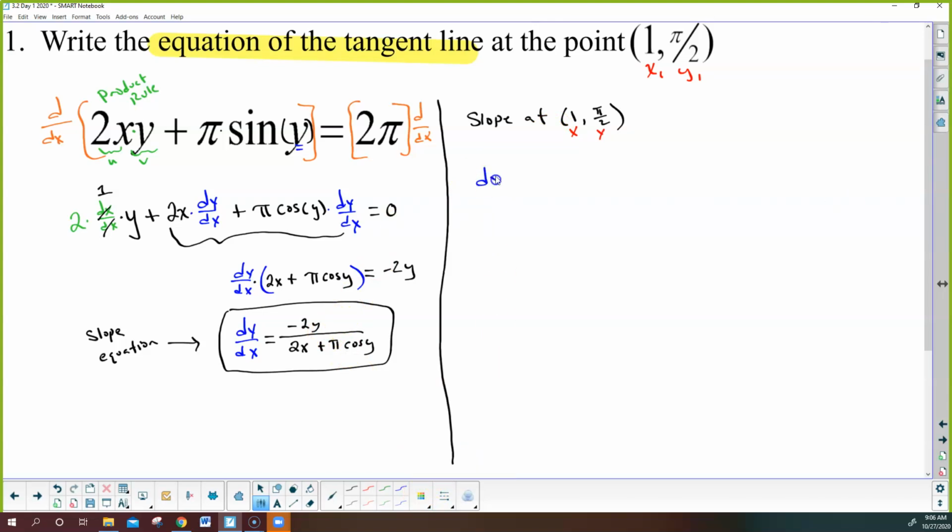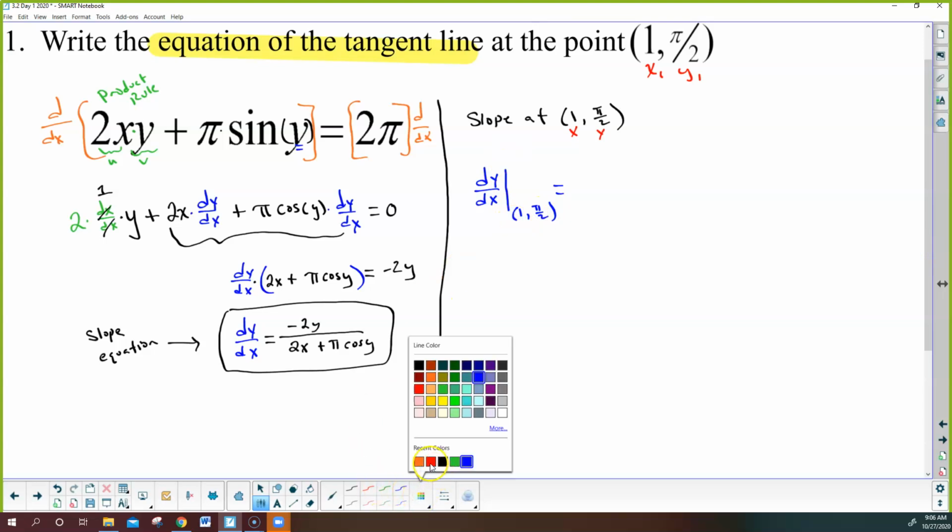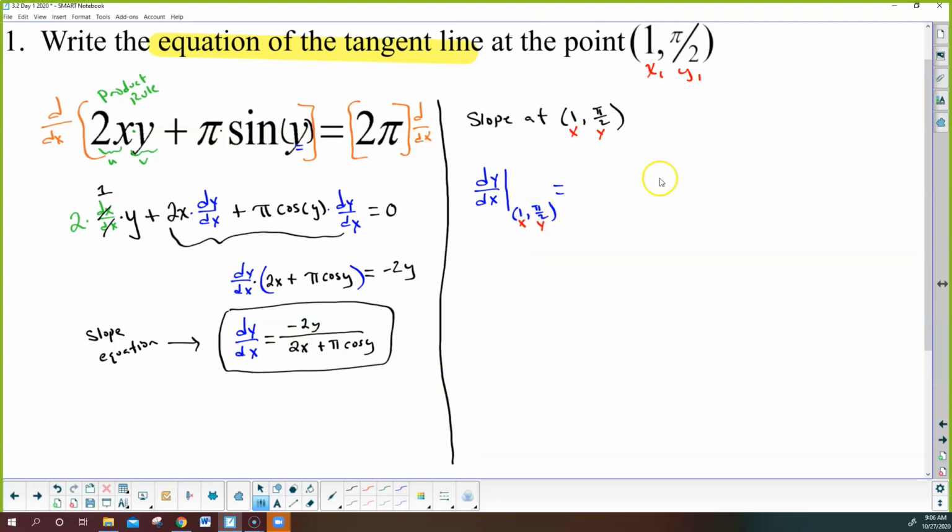There's a notation that I want you to be aware of here. So we know what our derivative is equal to. And what I'm going to do is I want to evaluate the slope at this point. So see how I drew a line and then they put the point at the bottom? That's your symbol for just saying x is 1 and y is pi over 2. Plug those into the derivative equation.